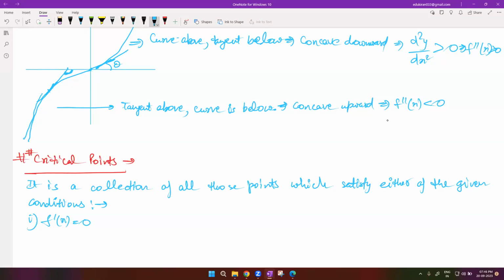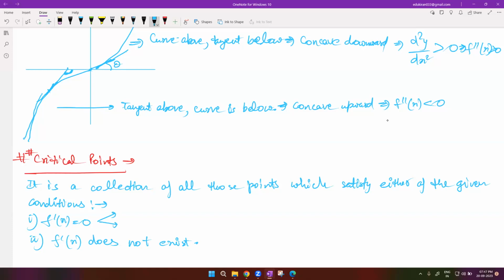Then the second condition is f dash x does not exist. If your f dash x does not exist. So for example, I'll also provide you this example.